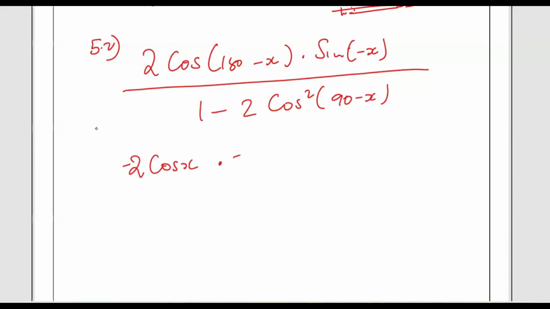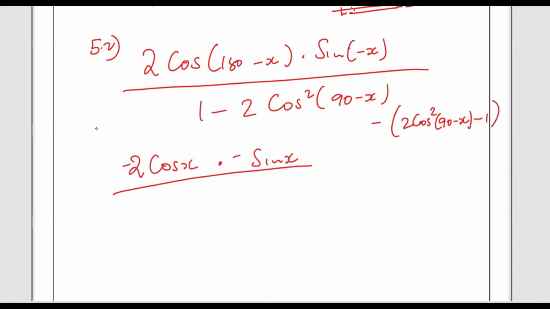So that's going to be a negative cos x. And then that's also going to be a negative sine x over, this is a manipulated format of the double angle of cos. So if I introduce a negative, it's going to be 2 cos squared 90 minus x, minus 1, something like that. Meaning that I'm just going to write it as negative cos twice of 90 minus x.